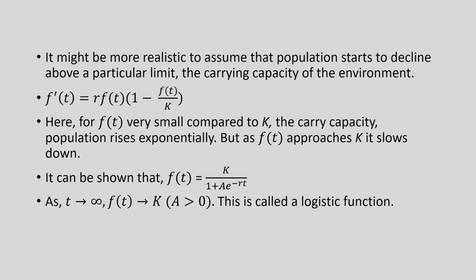It might be more realistic to assume that the population starts to decline above a particular limit, which is the carrying capacity of the environment. So, the idea is that as the population rises to very high levels, it is possible that the environment will not be able to sustain that high amount of population. Behind this is the old Malthusian idea that population is limited by the natural resources of the country.